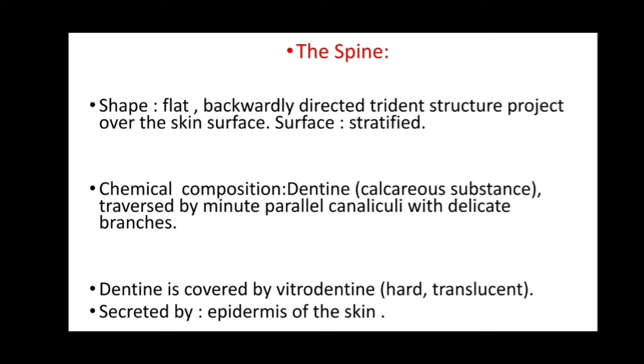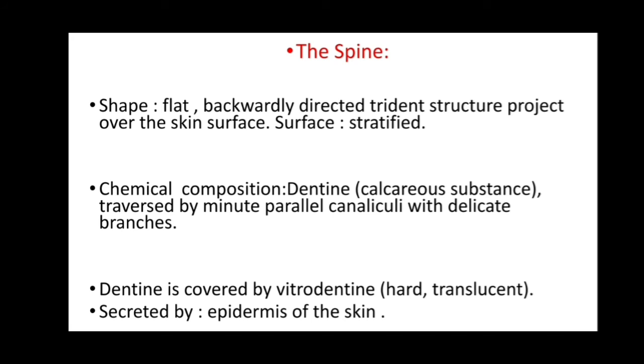Now, the spine of the placoid scale. The shape of the spine is a flat, backwardly directed trident structure, and the spine projects over the skin surface.